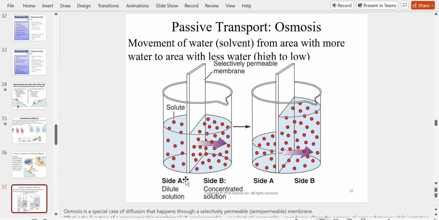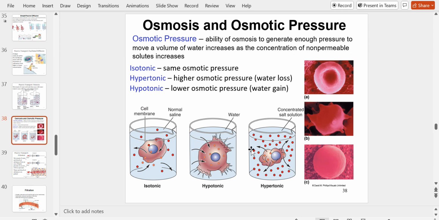Okay, and you'll see there that high concentration of water to a lower concentration of water. This water here, because these particles can't move for some reason, this is what we call a selectively permeable membrane. Particles can't get through, but the water can. The water will move from its own high concentration, and you'll see there that now we have an equilibrium. Okay, we saw this slide there last week.